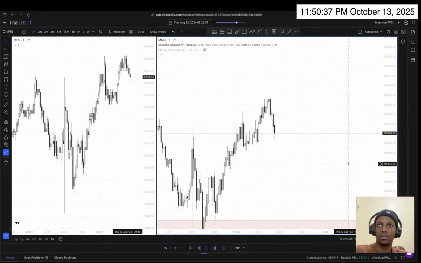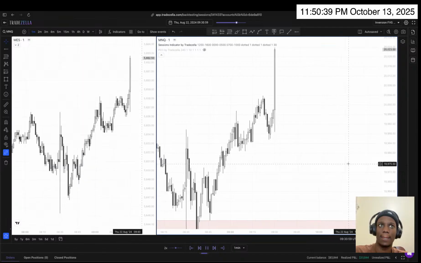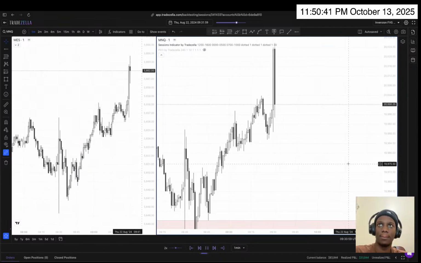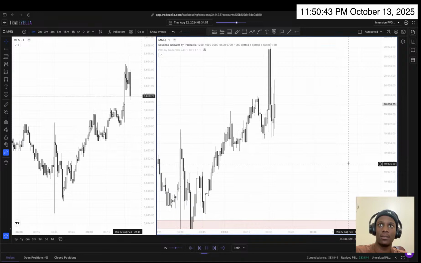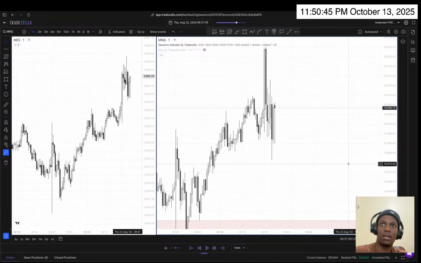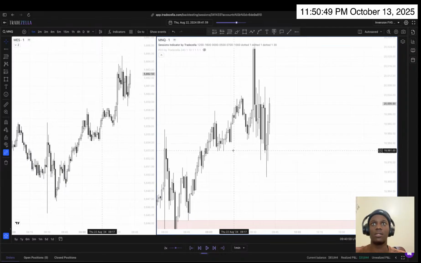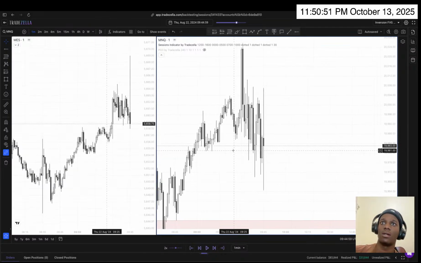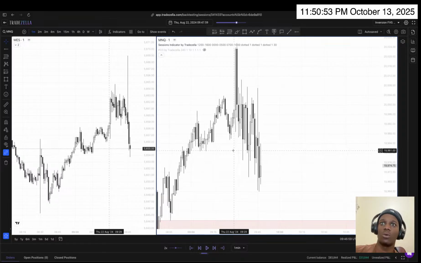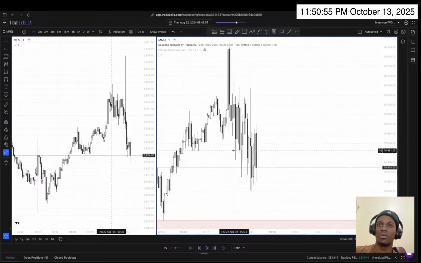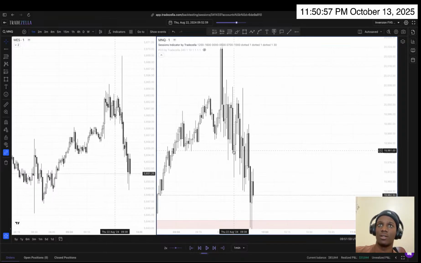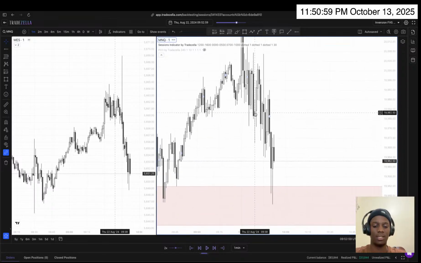Some liquidity. Sweep over the low here, SMT. Oh, this is so heavy. Like no gap is getting left behind.